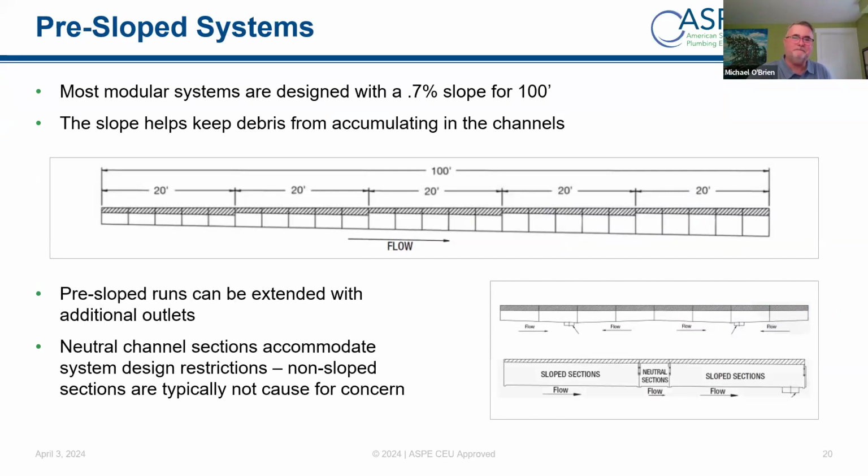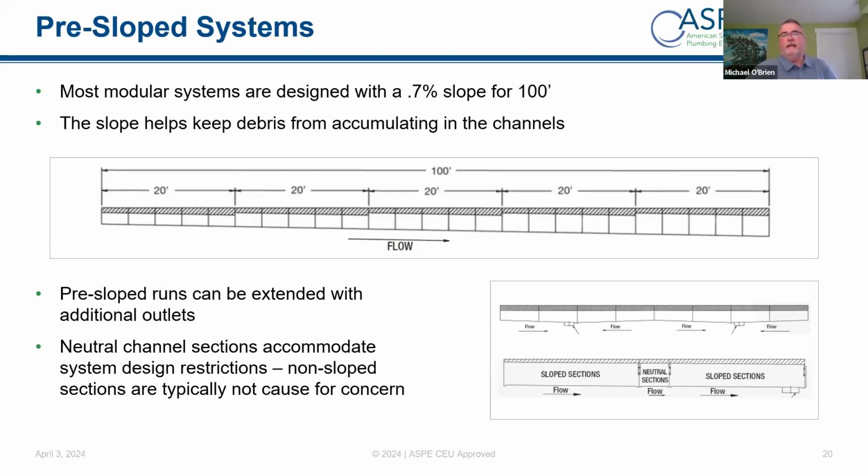So most systems are modular to some point, and most of them are pre-sloped. It's typically the primary function of that sloping is not so much to carry the water, but to carry the solids, and keep it clean.